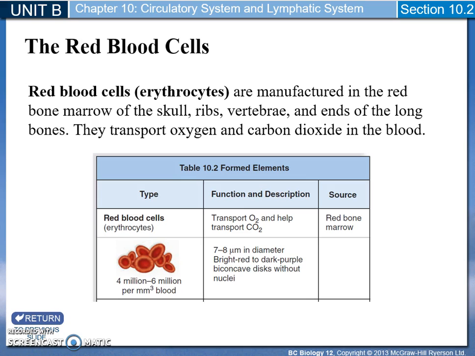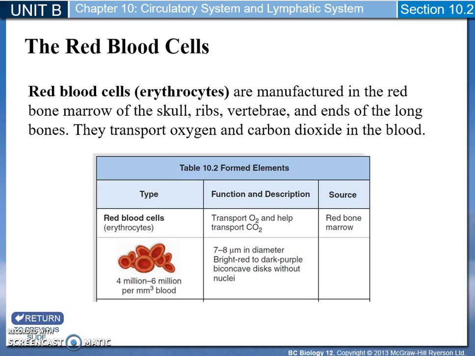So the red blood cells are very tiny, and you're probably all familiar with the shape and the structure of these biconcave discs. They're manufactured in the red bone marrow within the skull, the ribs, vertebrae, and the ends of long bones.